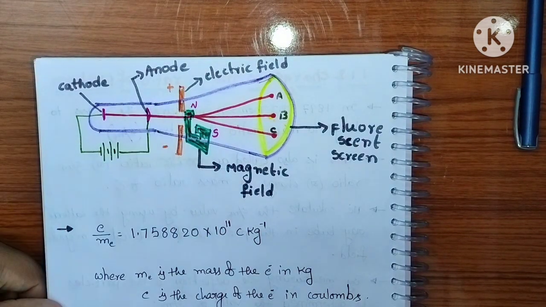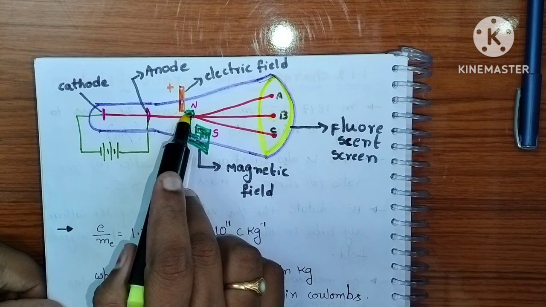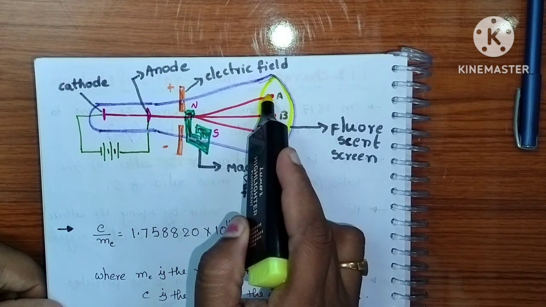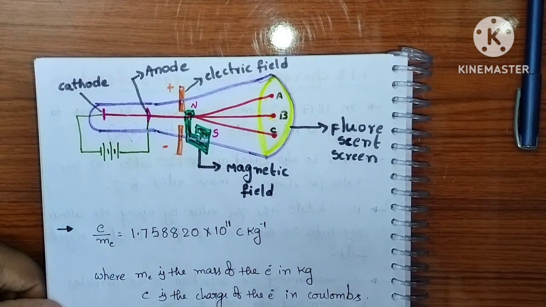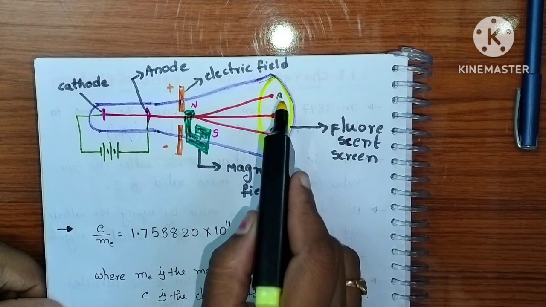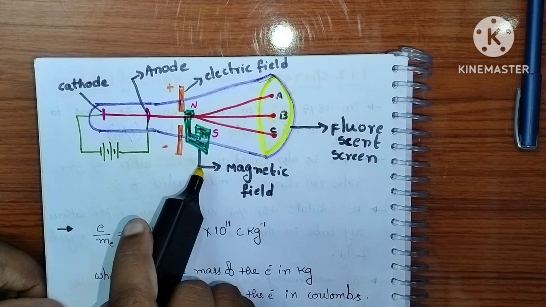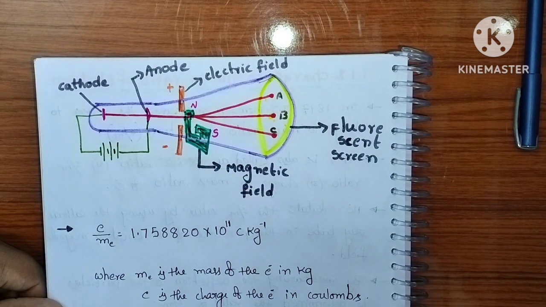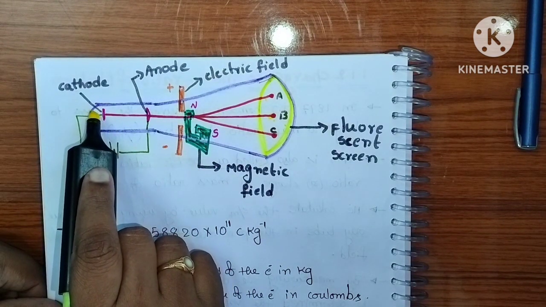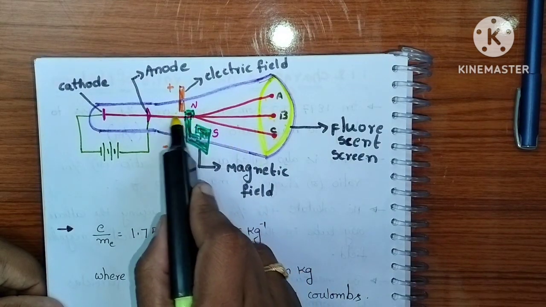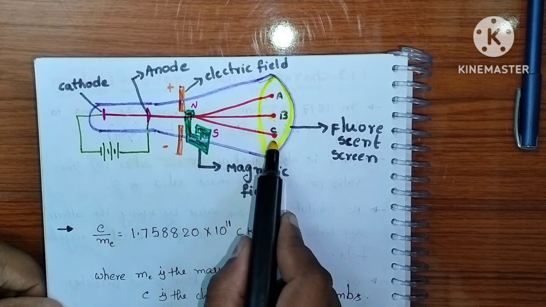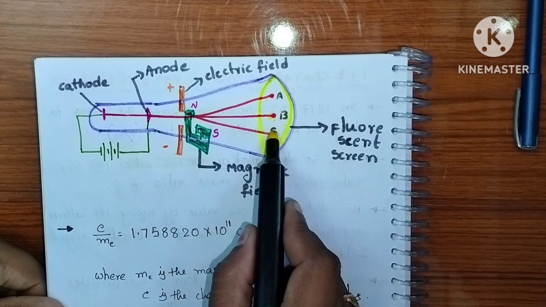So at that moment the particle will deflect and hit the point A at one end of the discharge tube. And after that he also introduced the magnetic field in the discharge tube. So at that time the particle deflects and hits the discharge tube at point C.